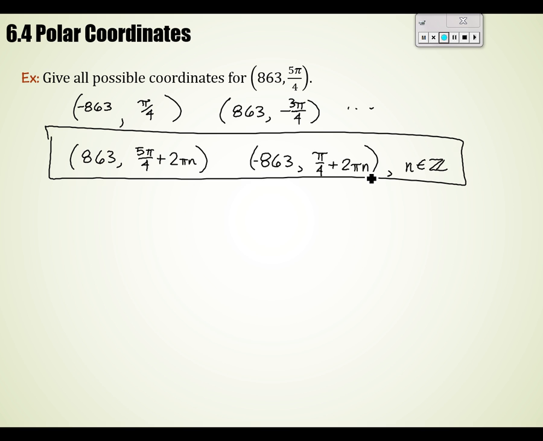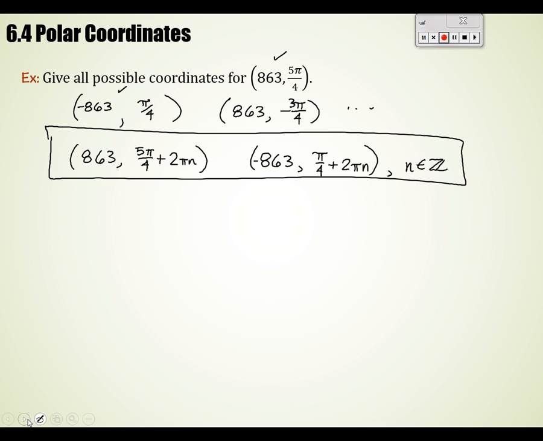So for instance, this guy here is what happens here when n is 0, right? That's not tricky. Or here, this is this guy here when n is 0. This is this guy when n is negative 1, right? And let n be other numbers, and you'll get any other coordinate anyone could ever think of to name this point, right? So that's kind of cool.